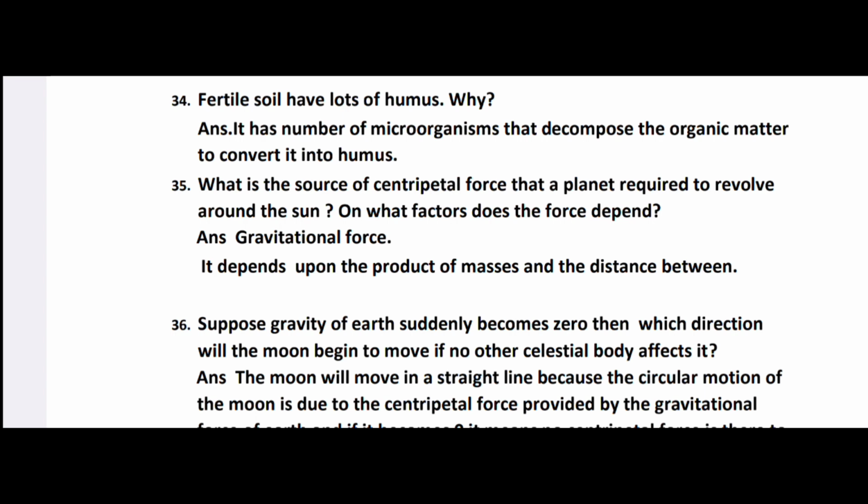What is the source of centripetal force that a planet requires to revolve around the sun? On what factors does the force depend? Now, gravitational force is the source of centripetal force that a planet requires to revolve around the sun. Now, the factor on which gravitational force depends is the product of masses of the objects and the distance between them.